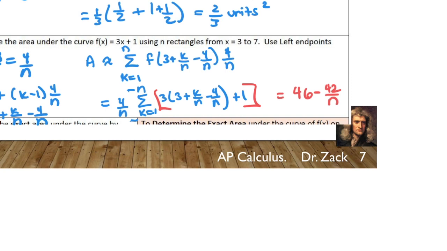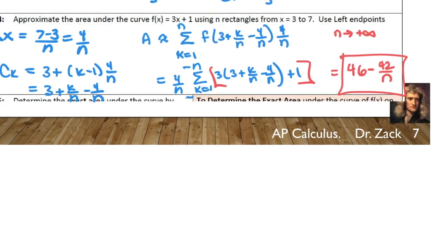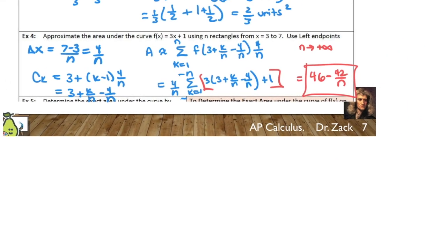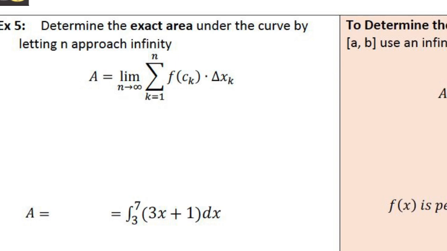Now, I want you to think for a minute. What would happen if n went to positive infinity? You would get the answer is 46. And what do you think 46 represents when approximating the area under a curve? You were right. When you are looking for the exact area, you take the limit as n goes to infinity.